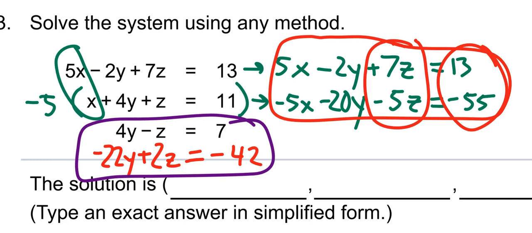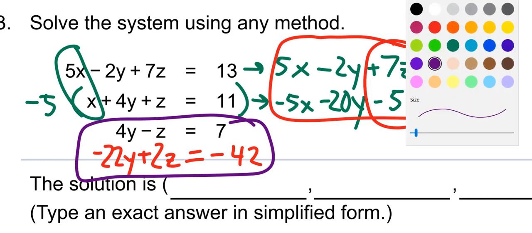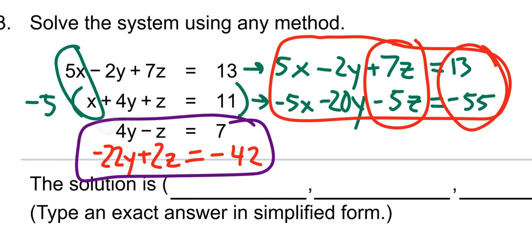Eliminate. Which variable would be the easiest to get rid of out of those two choices? Z. I agree with you. I would suggest that you multiply that top row by 2 to help you do the elimination.